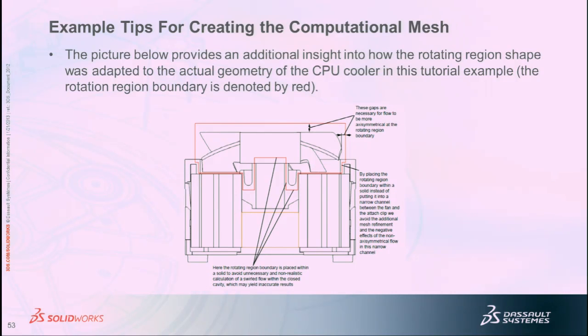This CPU cooler, yes? Yeah, that's a good question. If you really need to know what the velocity vectors look like around the impellers, then it's important. But for most electronic cooling problems, you can use a fan option because you're mostly interested in the airflow coming out and the pressure drop that it's creating.